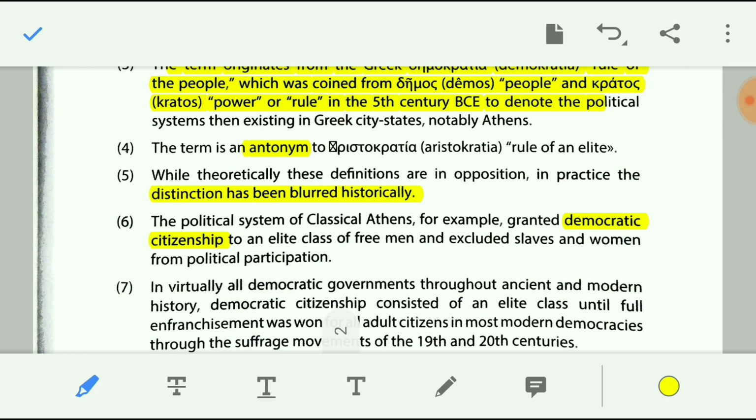You understand that democracy is only for the elite class of free men. Therefore, when a country is experiencing democracy or a democratic government, it means that you have freedom. So you see there, freemen. So a democracy can be understood as something that is given to freemen. And a country can only have democracy when you don't have slavery.